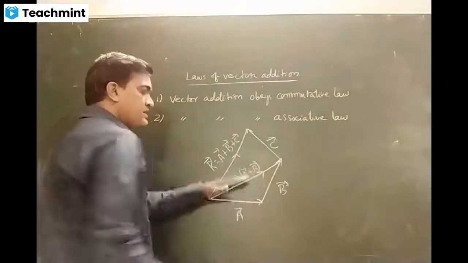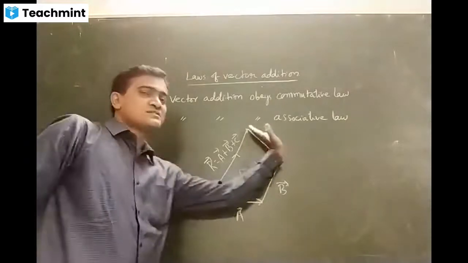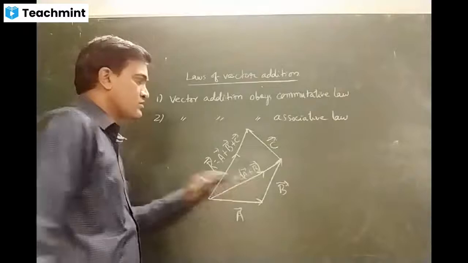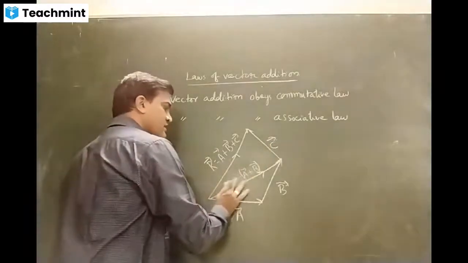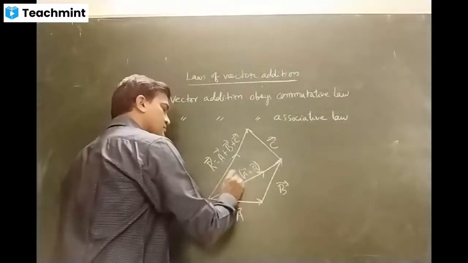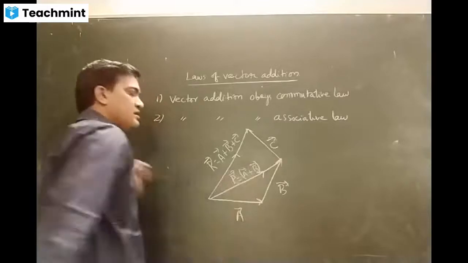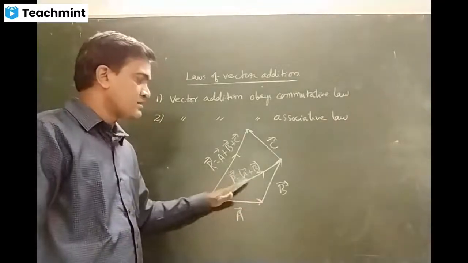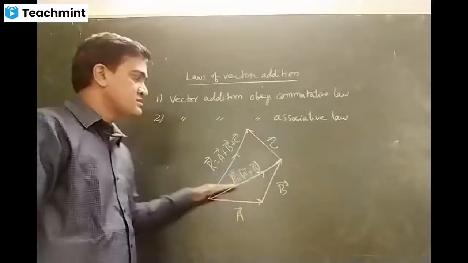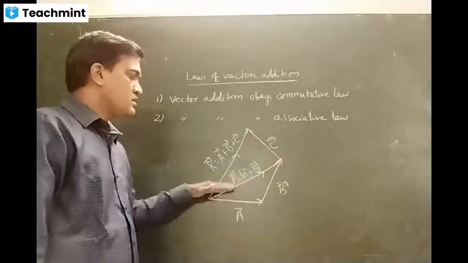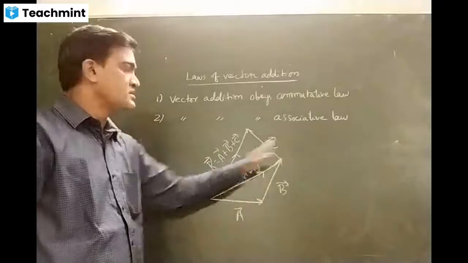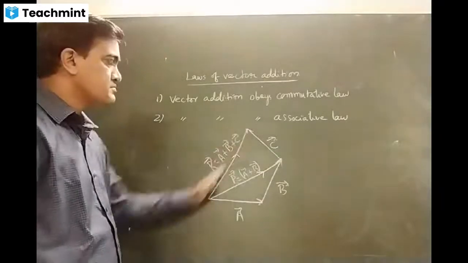Now, let me treat this P bar as the first vector and C bar as the second vector. If I sum up these two, the first vector is P bar, the second vector is C bar. Then the resultant will be in the same direction or not?